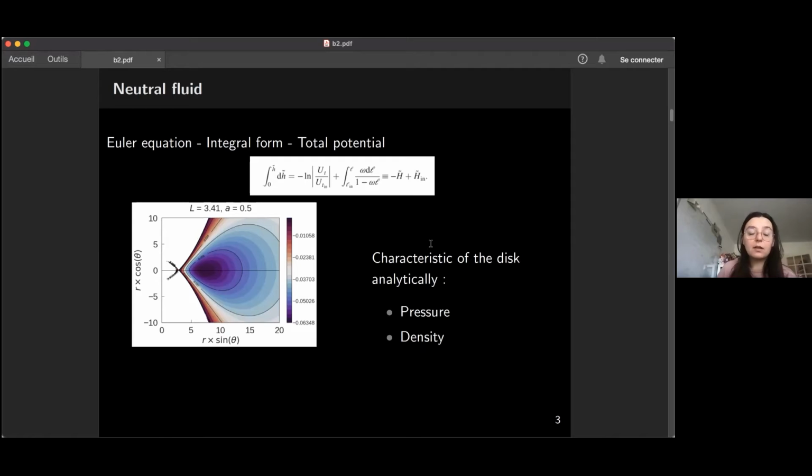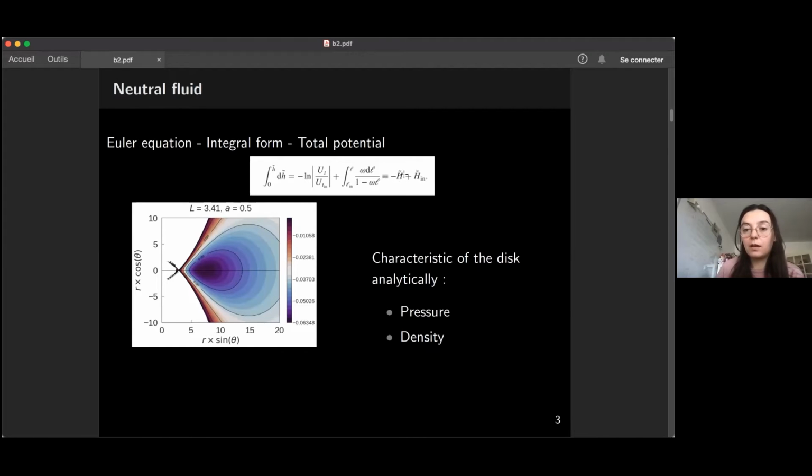So the thick disk model, also known as the Polish doughnut, was developed by the team of Professor Abramowicz. It is based on the Euler equation, which can be written in an integral form, which takes this integral here. So we can rewrite it, by using some different hypotheses and conditions, as a total potential.